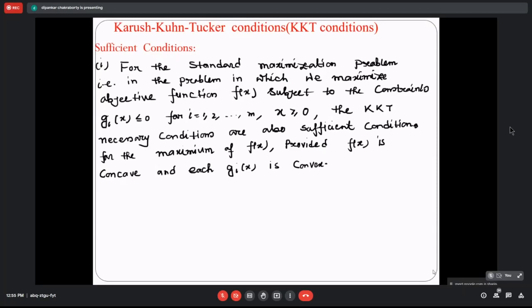KKT necessary conditions are also sufficient conditions means that from the necessary conditions we are getting the stationary point.